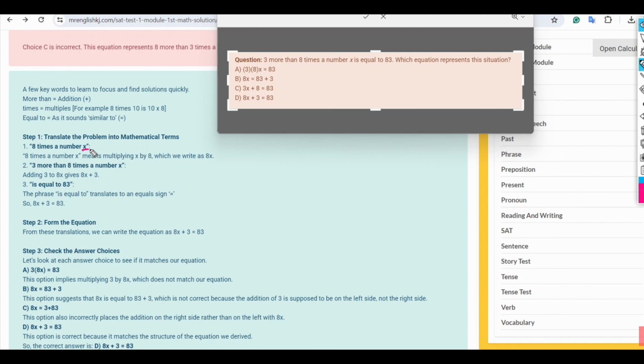Now the point is we have the x and we are saying 8 times a number x. So obviously it will be 8x, because we are doing 8 multiply x or x multiply 8. But better it should be 8x, not x8. It doesn't make sense. So better use 8 multiply x.